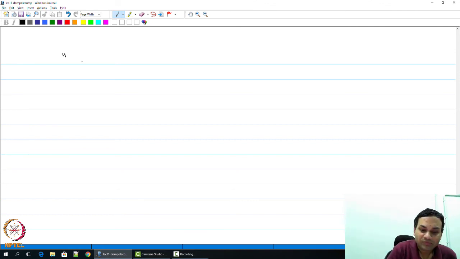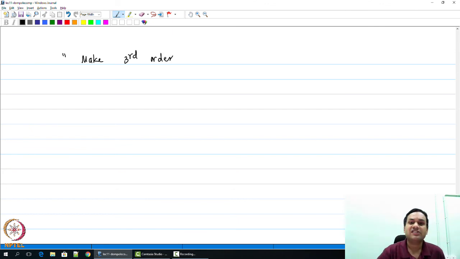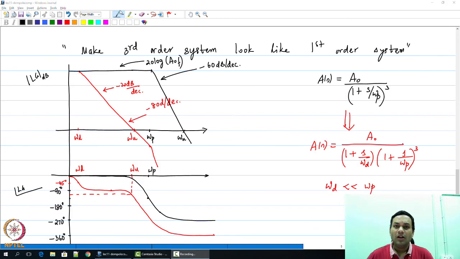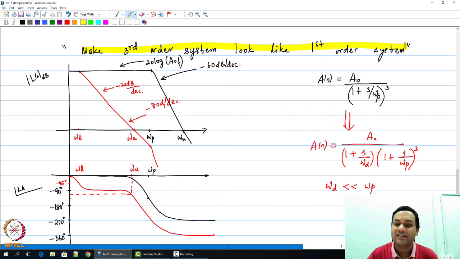So our strategy is to make the third order system, which is the system with largest gain, look like a first order system. So this pretty much summarizes our strategy.